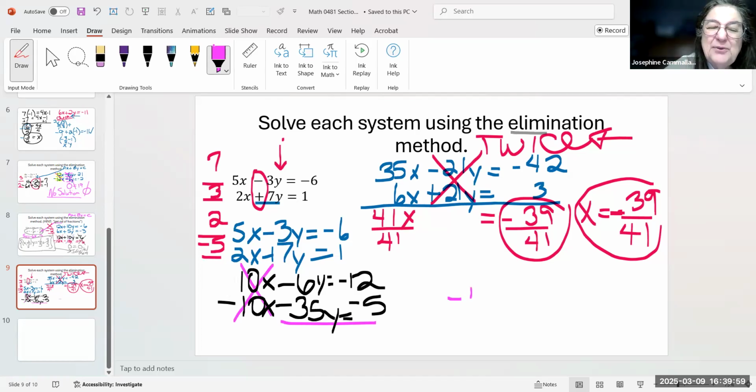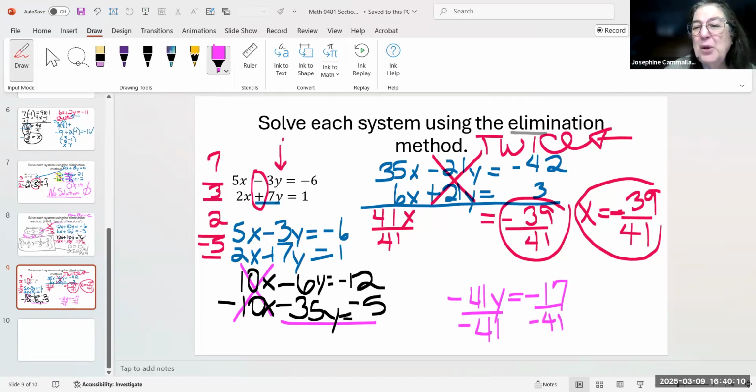Okay. Well, as you see, these are going to eliminate. This will give me a negative 41y is equal to negative 17. Divide by negative 41. Y is 17 over 41.